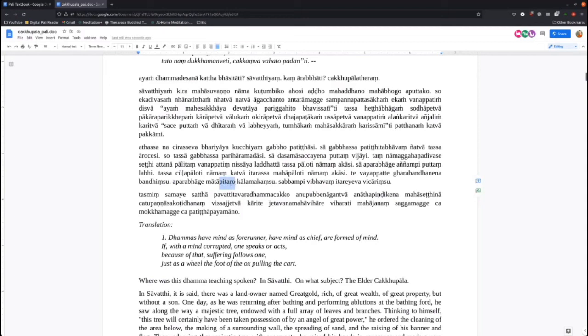If you know Sanskrit, you know that the formal form is pitar and matar, like mother and father. And pitaro is the plural. So this isn't fathers, this is mother and father plural, but only the one at the end is pluralized. So you pluralize the thing at the end, and what it means is mother and father as a plural thing. This is the plural form of pitar, pitu.